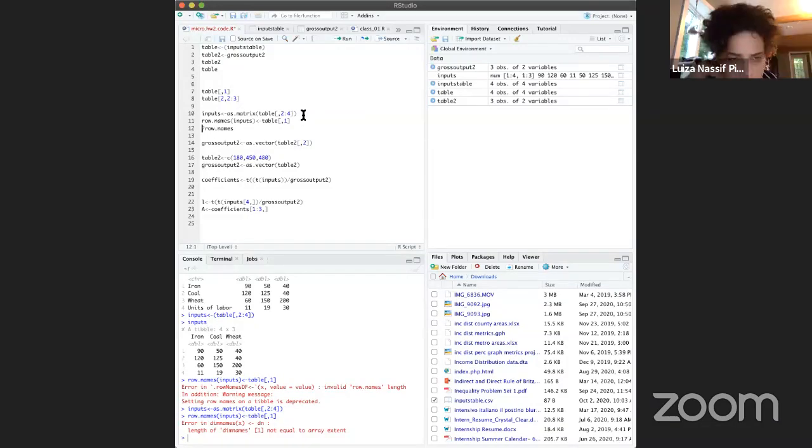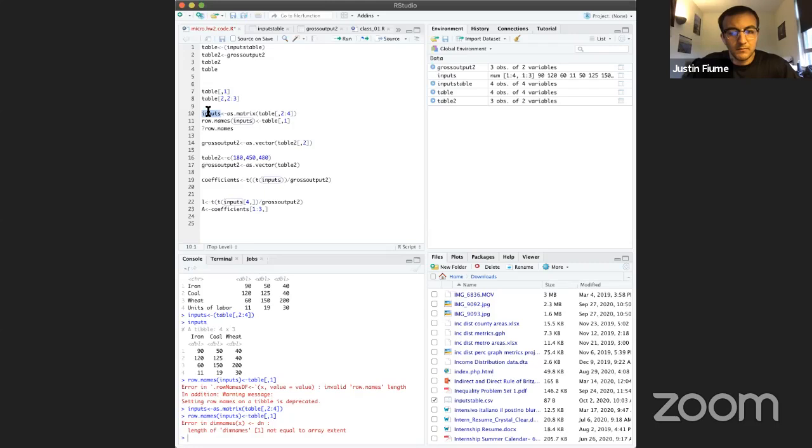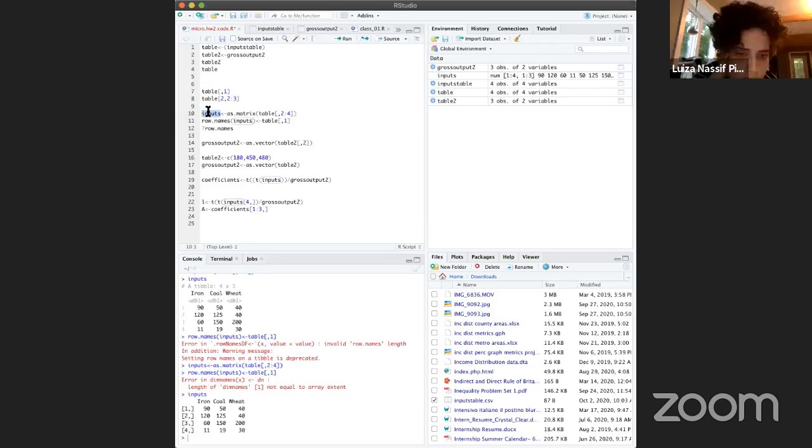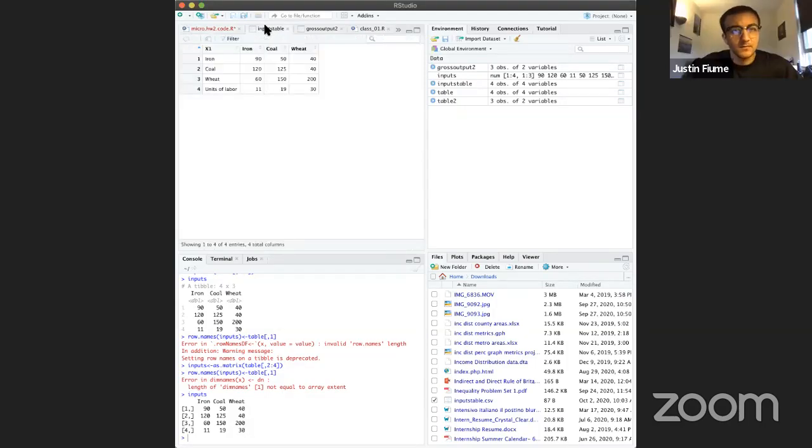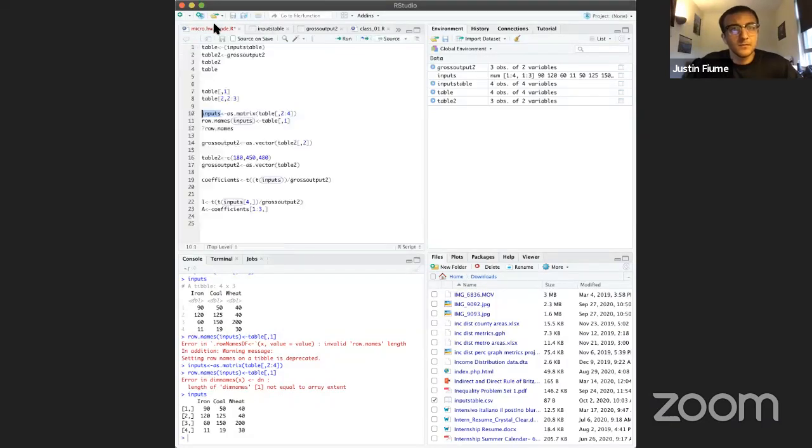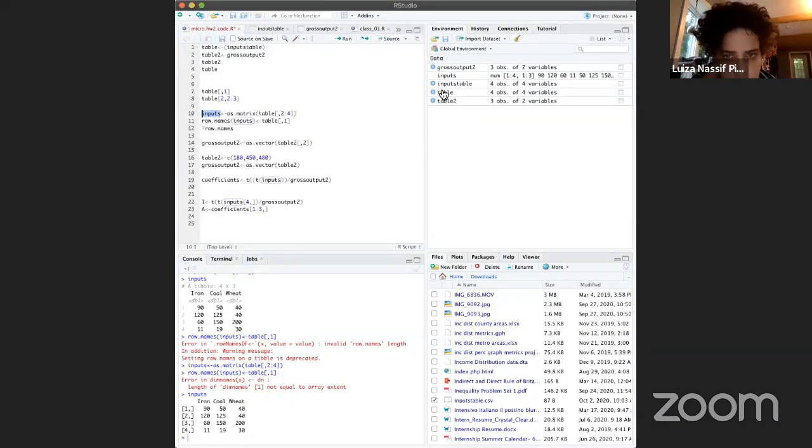Let me see. Can you show me inputs again? No. The iron, coal, and wheat, those are the titles, right? Can you open inputs, no, inputs. So go on the environment and open inputs for me.